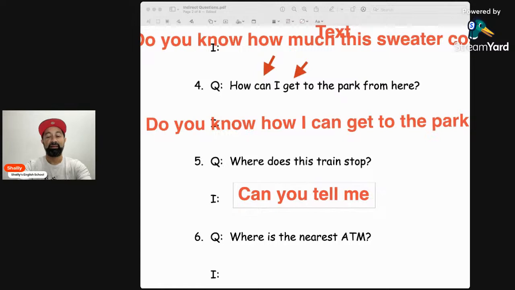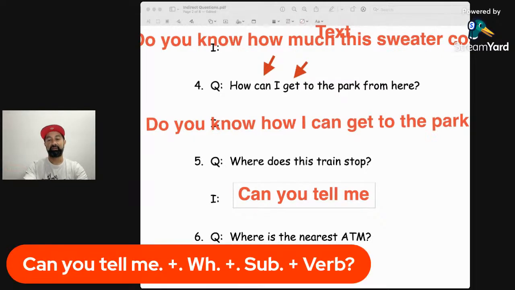But the way we make the question is the same as do you know? So we're just going to change the beginning. Can you tell me? And then again, we're going to have our WH, we're going to have our subject, and we're going to have our verb. So we don't change when we use can you tell me?